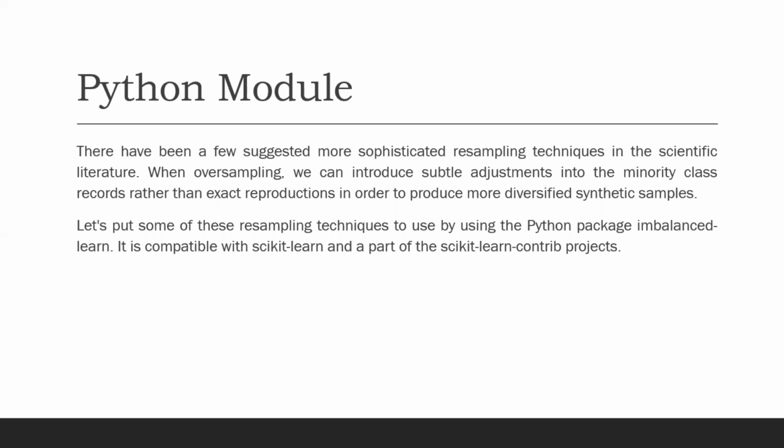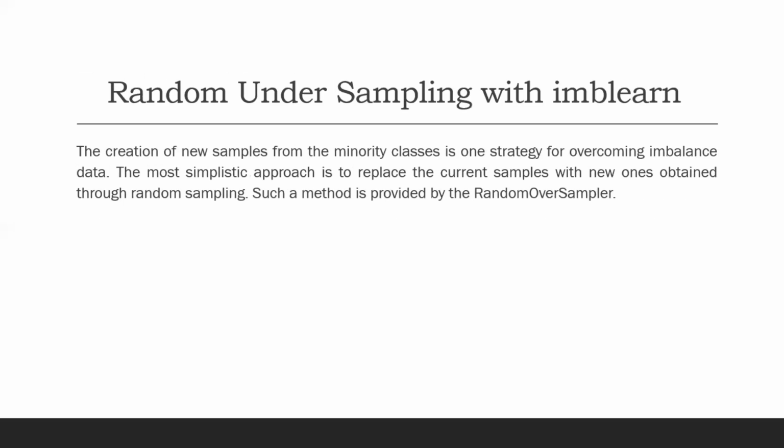Let's put some of these resampling techniques to use by using the Python package Imbalance Learn, or imblearn. It is compatible with scikit-learn and a part of the scikit-learn-contrib projects. So first of all, it's quite essential to get familiar with random oversampling with imblearn.